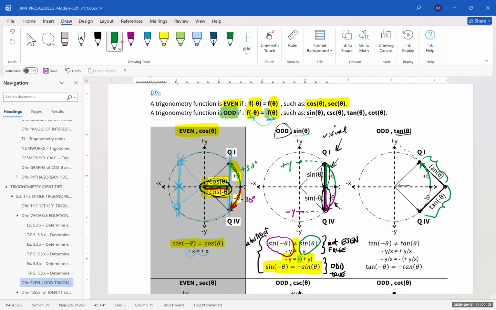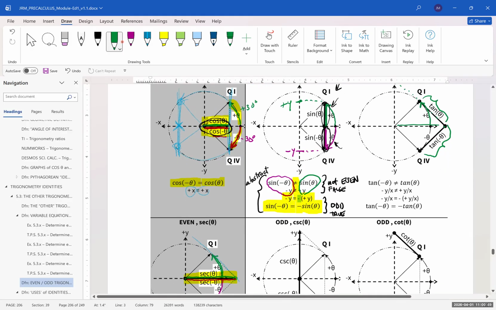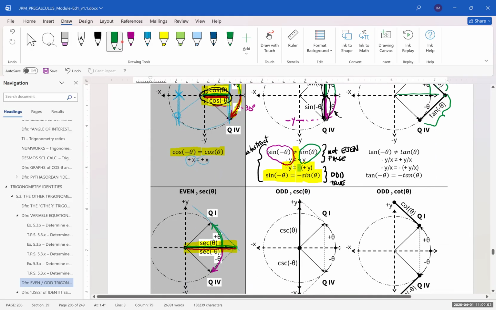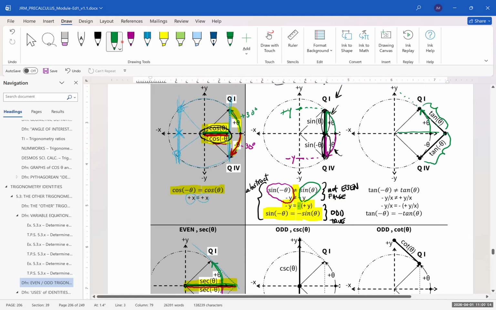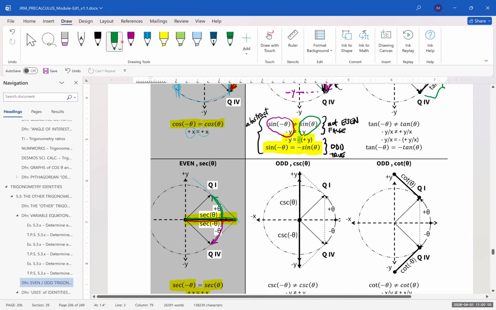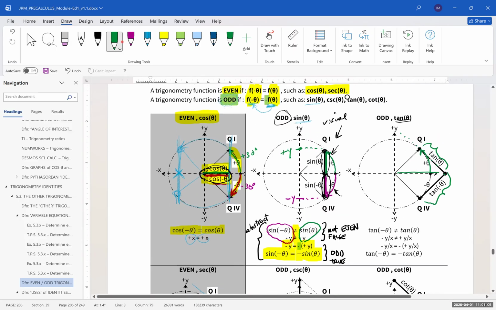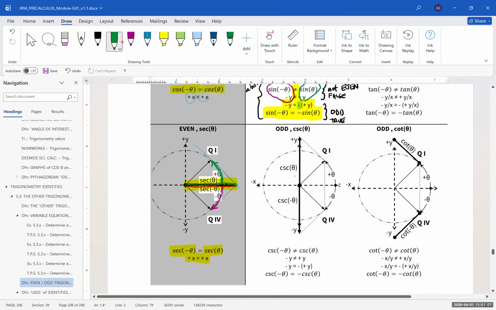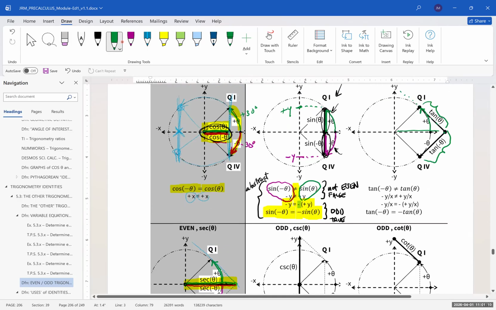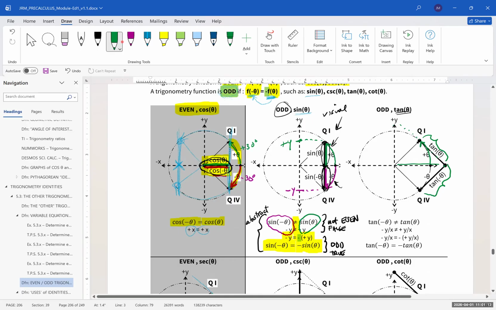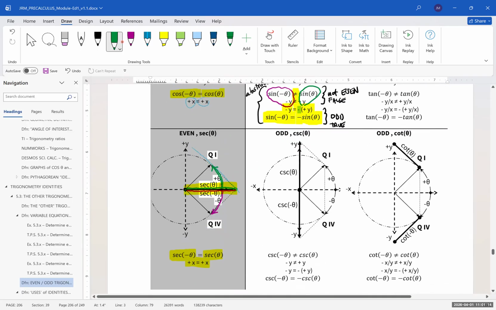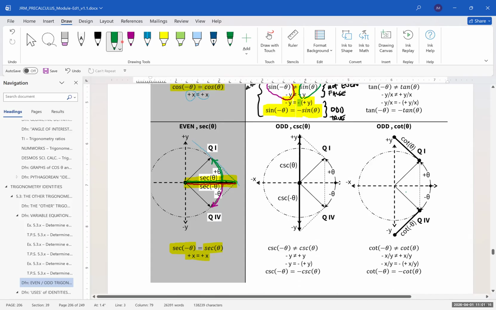They're not overlapping each other like they were with cosine and secant. And the same will also be true of the reciprocals. If sine is odd, then its reciprocal will also be odd. Since tangent is odd, the reciprocal of tangent, which is cotangent, will also be odd.